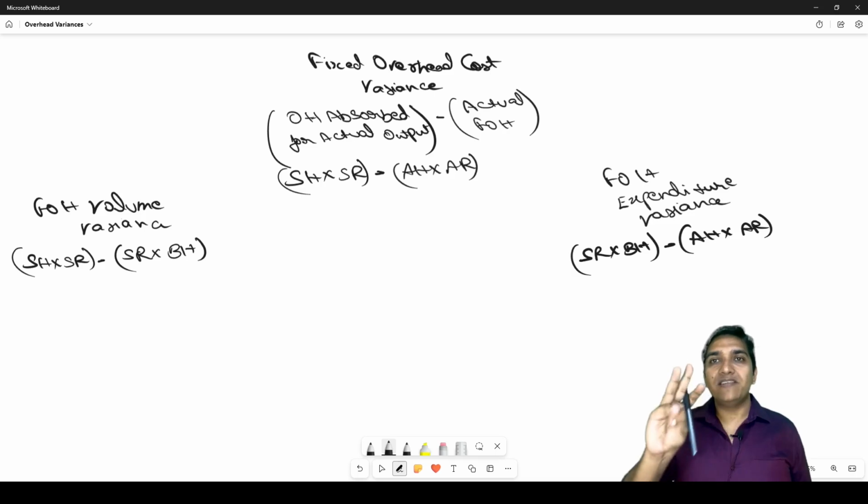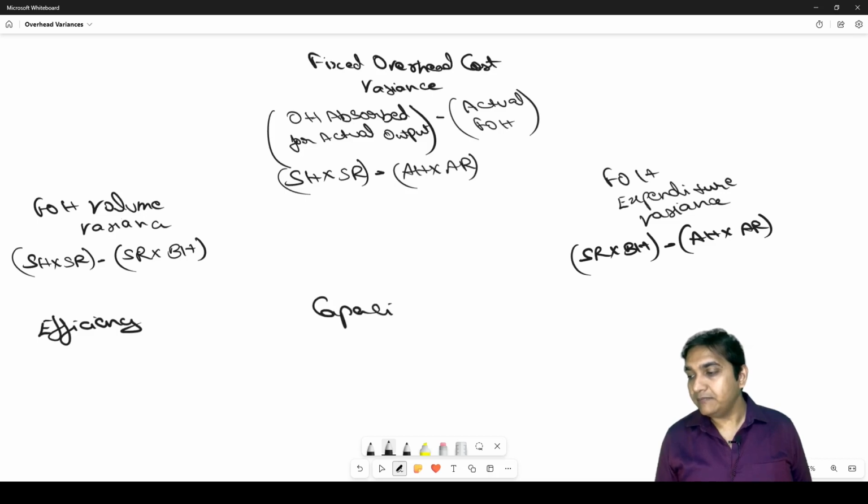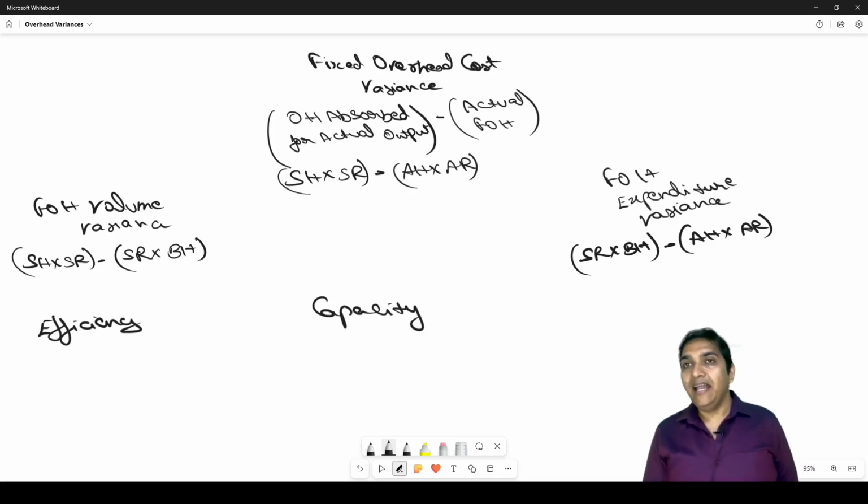Now further, volume is divided into three: one is efficiency, then capacity, and the other one is calendar.